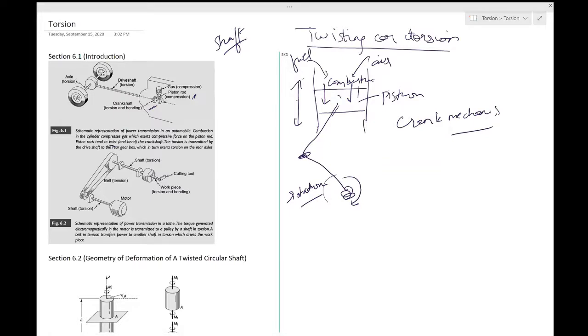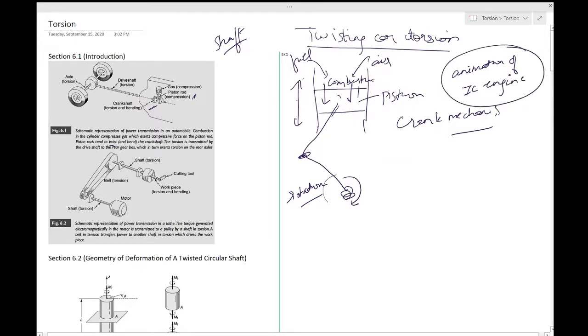You can look up a video for an animation of an IC engine, where this can be discussed in slightly more detail. There is a timing at which this combustion happens, then the piston comes down, then it goes up. So it's a cyclic process and it's all timed well, such as when the air fuel mixture will be added for combustion and so on.